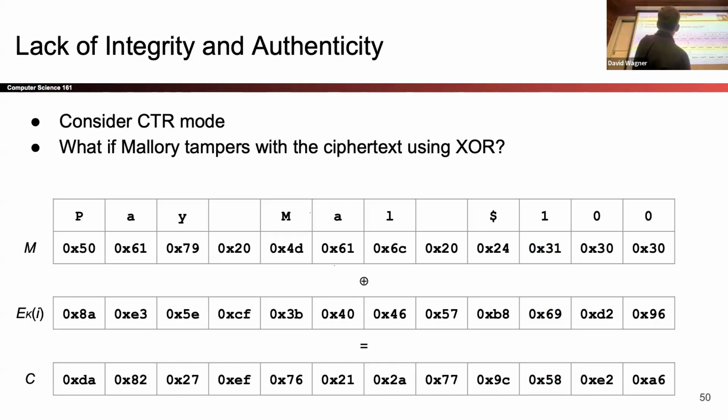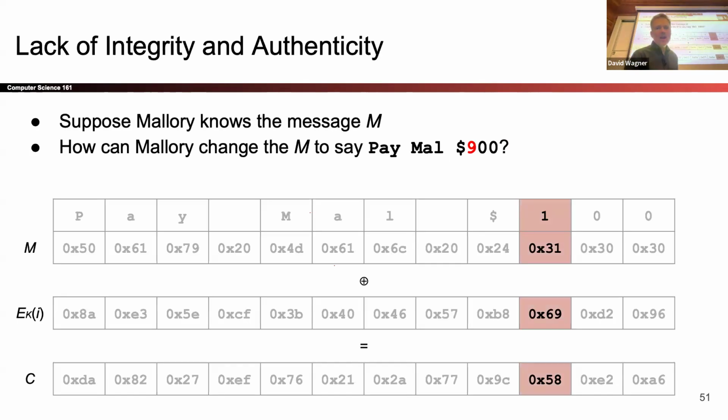Let's say Alice sent the message, pay Mal $100. Let's look at that 100. Let's suppose that Mallory wants to tamper with this message. I claim Mallory can tamper with the ciphertext so that when it's decrypted, what Bob receives is a message that says, pay Mal $900.